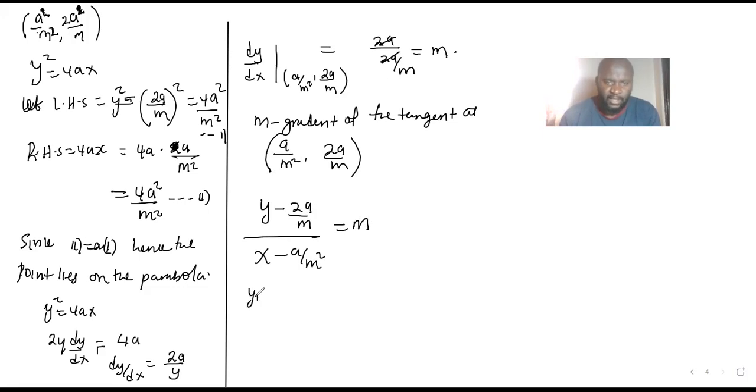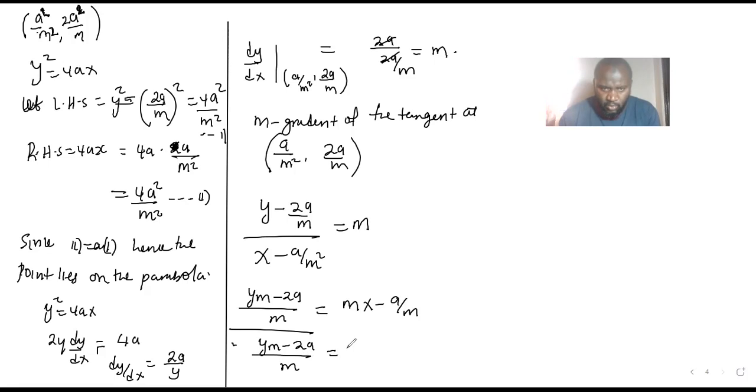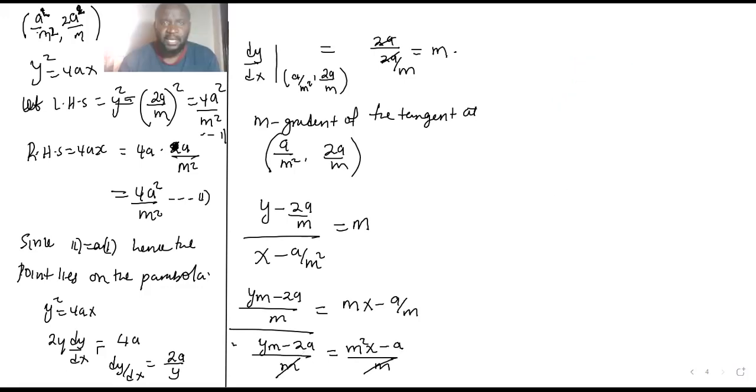We shall have ym minus 2a over m is equal to mx minus a over m. When you simplify, you realize ym minus 2a over m is equal to m squared of x minus a over m. When the m has been cancelled, we can have ym minus m squared of x minus a is equal to 0.